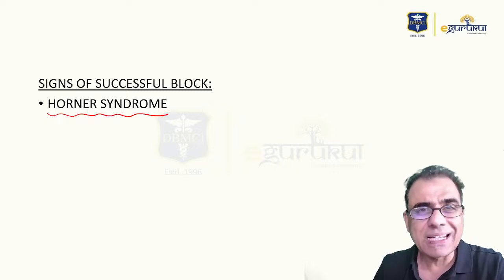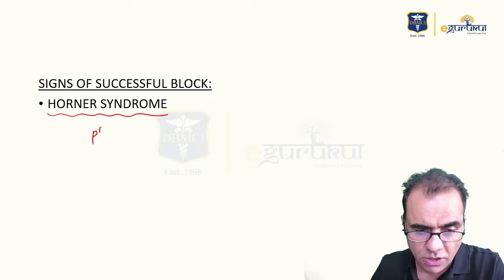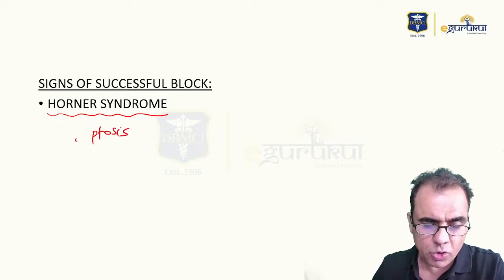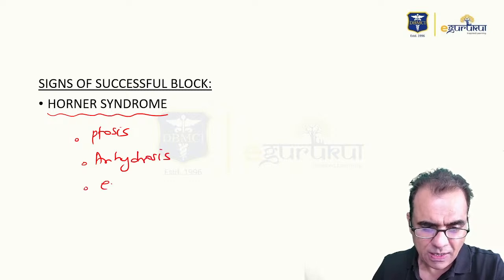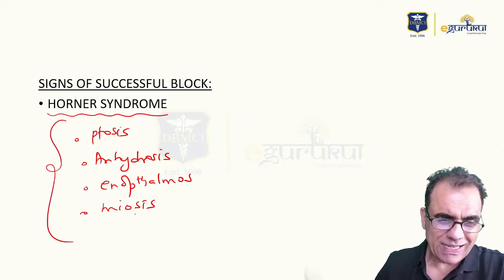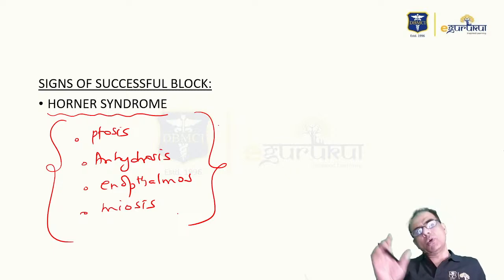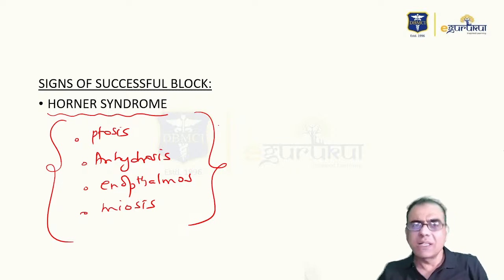So blockage of the stellate ganglion should produce Horner syndrome. And the 4 signs of Horner syndrome that you all know are ptosis, anhidrosis, enophthalmos, and miosis. So if the patient exhibits all these 4 signs of Horner syndrome, you can say yes, your block is successful.